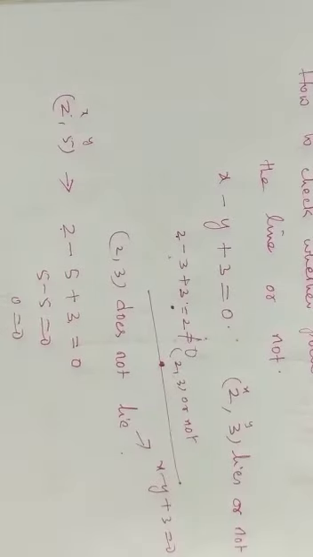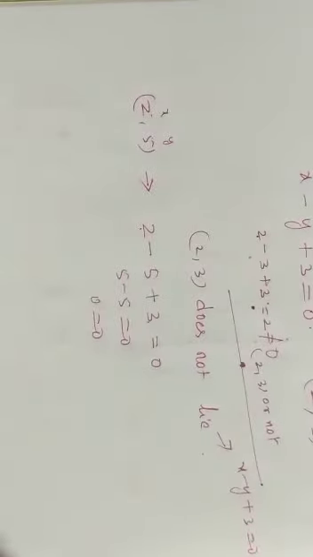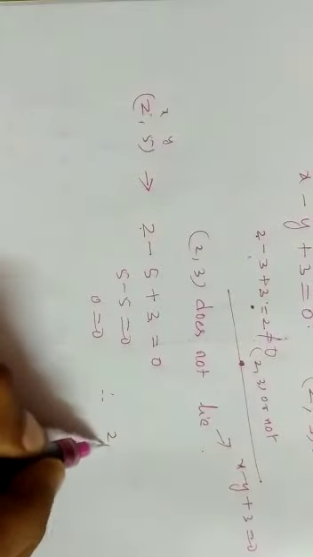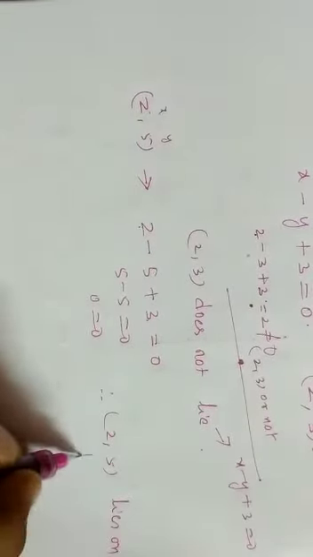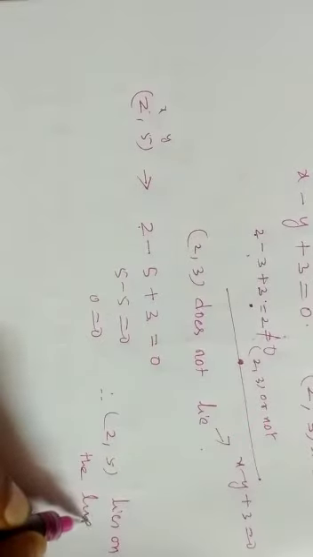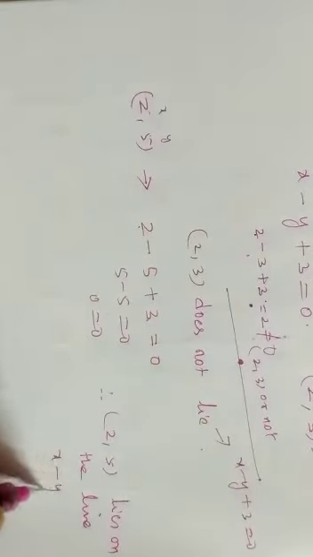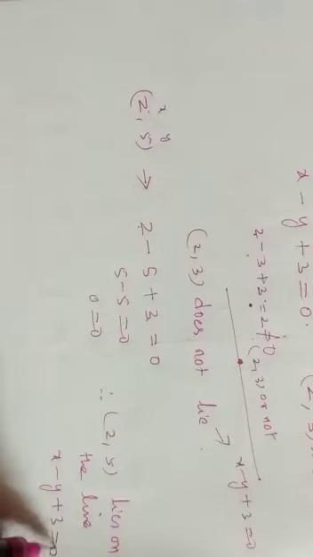So 0 equal to 0. Therefore, (2, 5) lies on the line. Which line? x minus y plus 3 equal to 0.